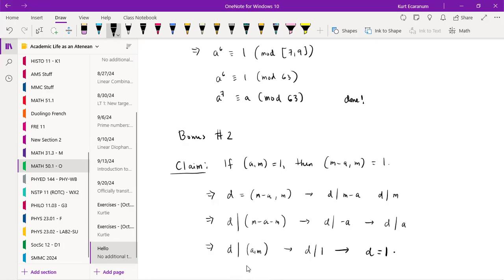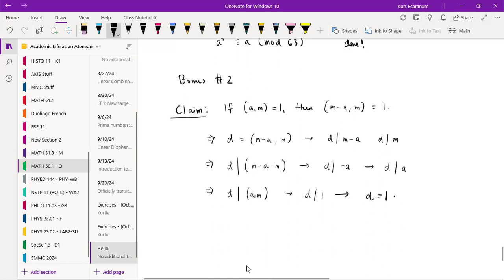Nice. So what does this mean? The GCD of m minus a and m is 1.